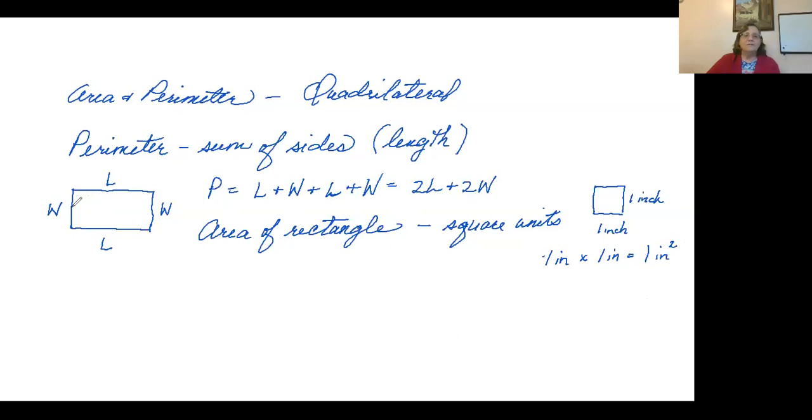If we have a rectangle here, which, say, has a width of 2 and a length of 3, the perimeter would be 2 plus 3 plus 2 plus 3, which is 10.